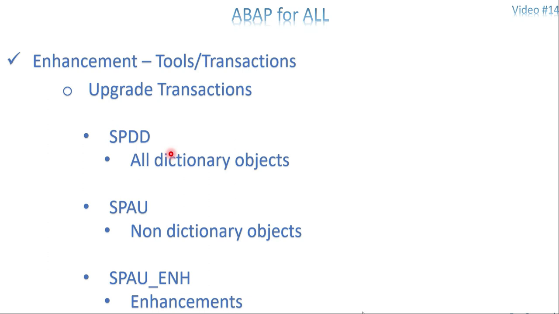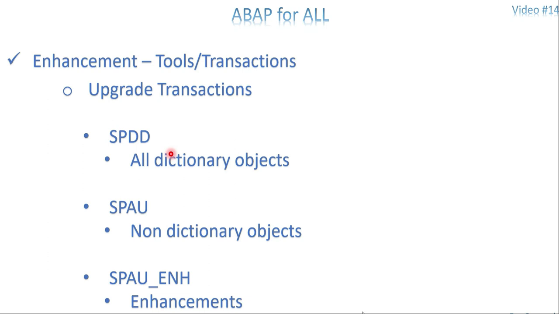As a consultant working on the business side, they have to take a call: yes, out of the 4, I need all 4 in the newer version also, and modify as required. Sometimes we have to change the data type because it no longer exists in the newer version, so as technical people we have to change the data type of the particular field. Or if the enhancement spot itself is not available, then we need to figure out how to adapt this particular business change in a transaction. Because the BAdI is not available, but we have an implementation that also needs to be added in the newer version.